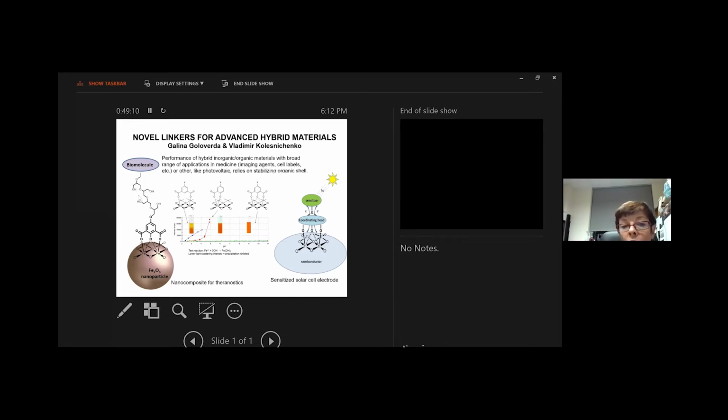And of course, it's an inorganic-organic composite. And lately, within a couple of years, we didn't exactly discover this molecule, but we found a molecule that makes perfect sense as a head for those nanoparticles.